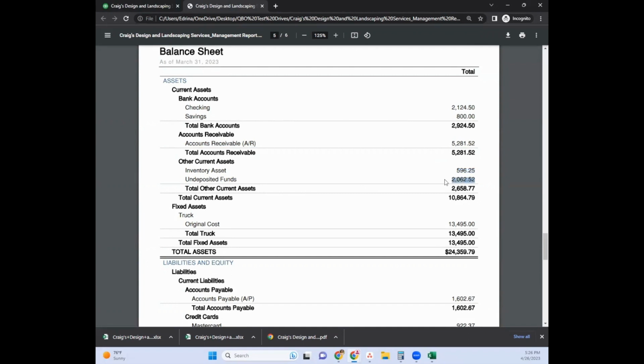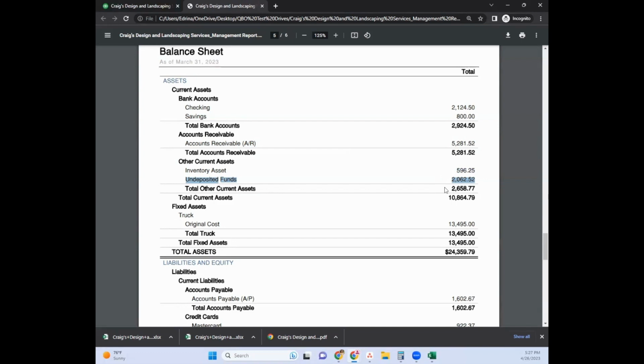And the other thing that I would actually guide you to review is your undeposited funds account. Now, this could happen because, for example, if you are using Stripe to collect payments, this is kind of like a wash account. So Stripe would collect the payment and then hold it in this holding account called undeposited funds.